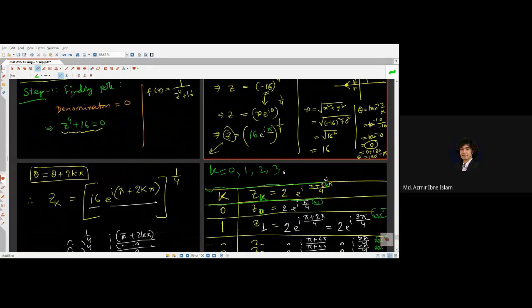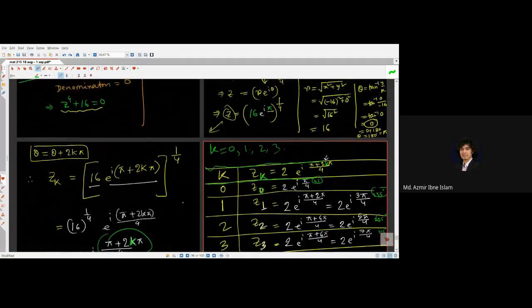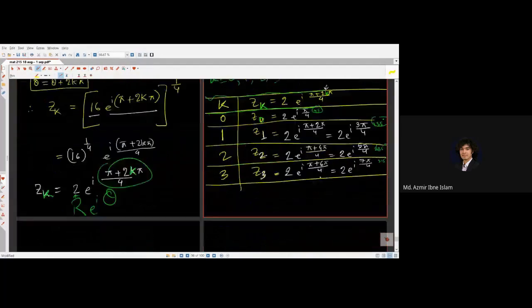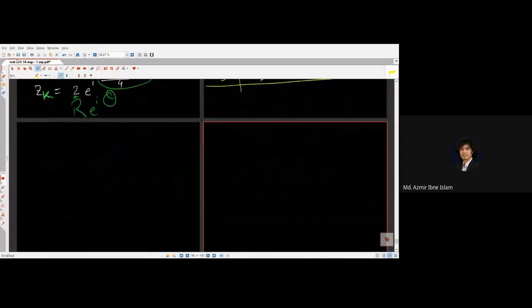From that equation, we have found all the values of z. So now we are able to solve this. We have found 1, 2, 3, 4 values. Is that okay? Yes, sir. So let me write again. So from this part, I am writing. This is the continuation of that part. So still we are in step 1.